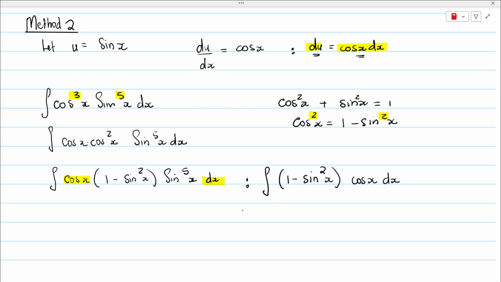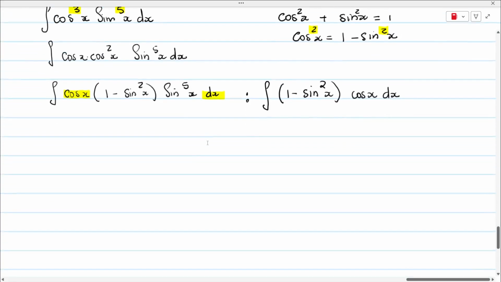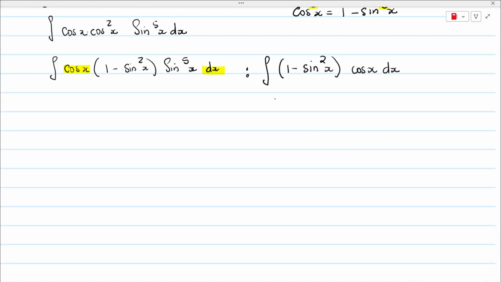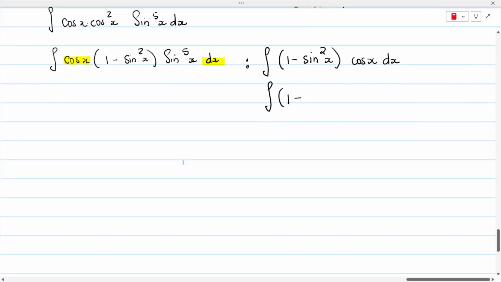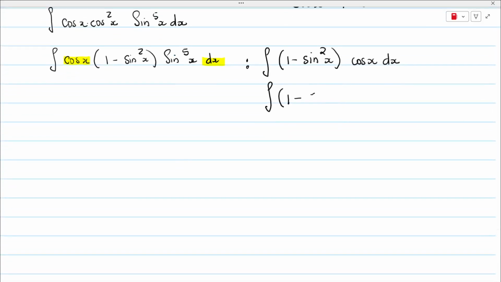Now I want to express everything in terms of u so that I can apply u substitution. Let me take this step by step. So this will be the integral of 1 minus sine squared x, close bracket, sine 5x multiplied by cos x dx. Sorry, here I forgot to carry over the sine 5x.